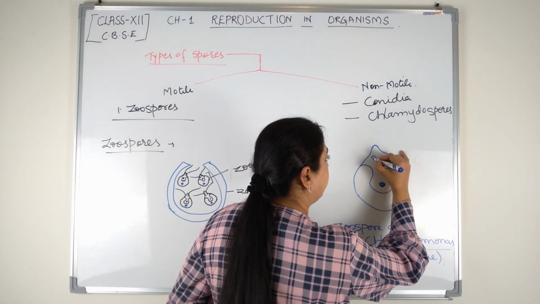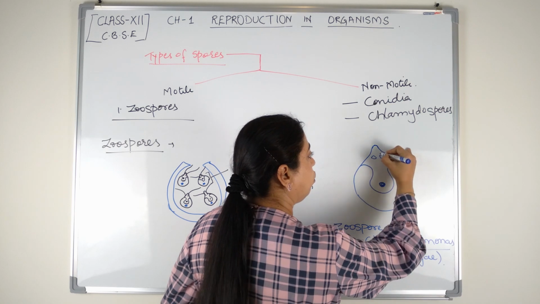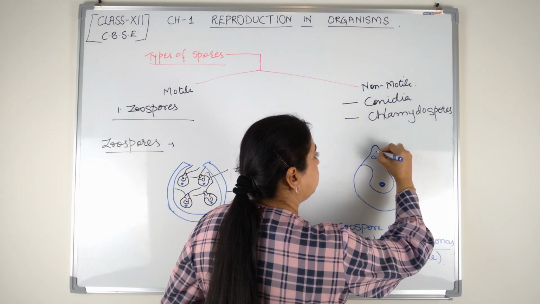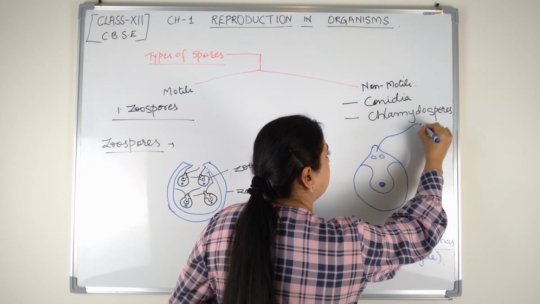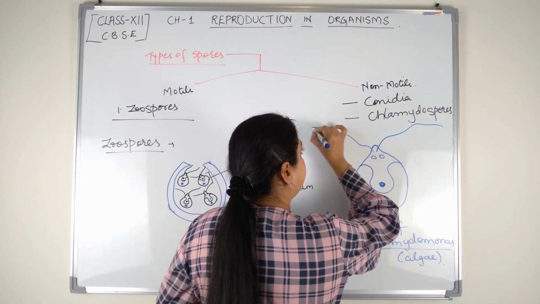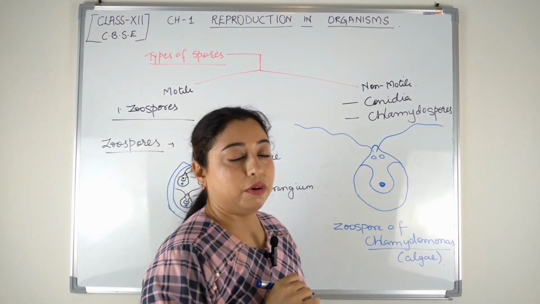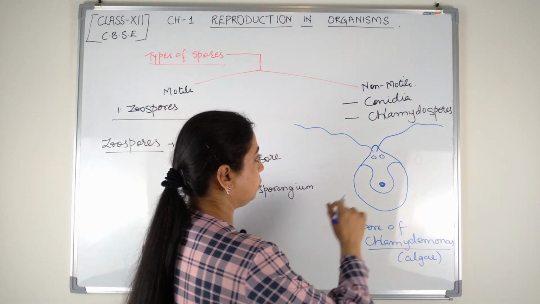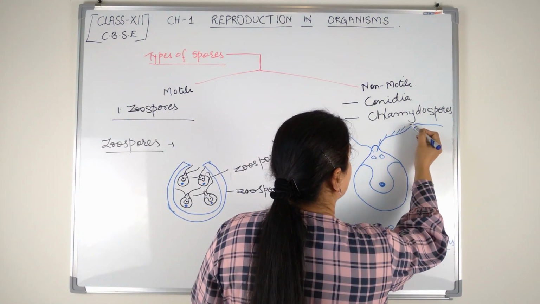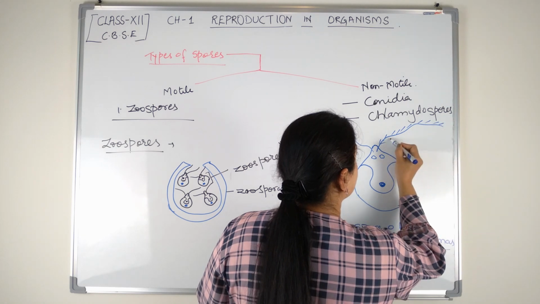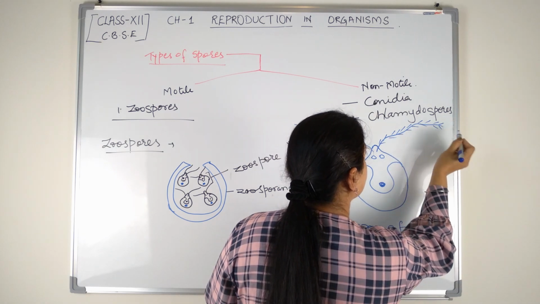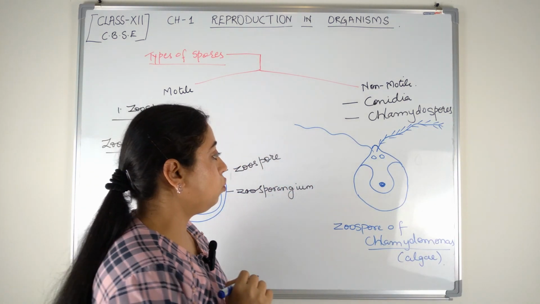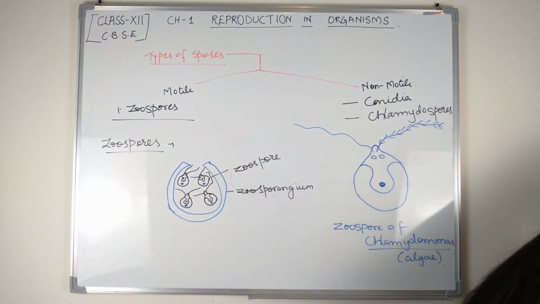Here are the contractile vacuoles, and from here long flagella come out. Right? So let's do the labeling part.